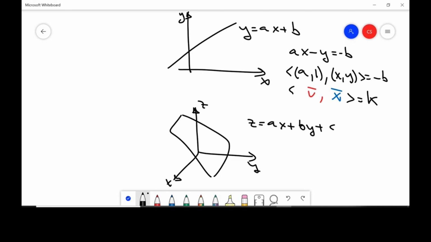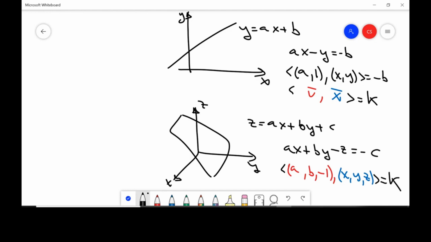But I can rearrange it again the same way as I did before and write it in this way. And again, I have the same structure. We have a vector that is (a, b, -1), and then we have the coordinates x, y, z, and this is equal to a constant. So it has the same structure.